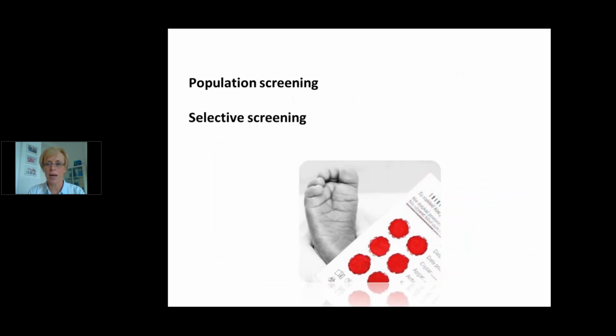Right now we are very happy to have population screening available with the use of tandem MS. This is a fantastic procedure, really a revolution in the early diagnosis of inborn errors of metabolism, which, thanks to the involvement of a pretty complicated procedure, tandem mass spectrometry, allows us to diagnose more than 20 conditions which are asymptomatic in the very first days of life and can be detected very early, screened very early and treated very early.